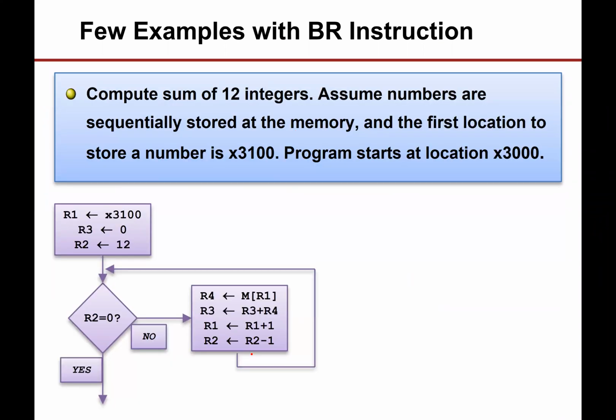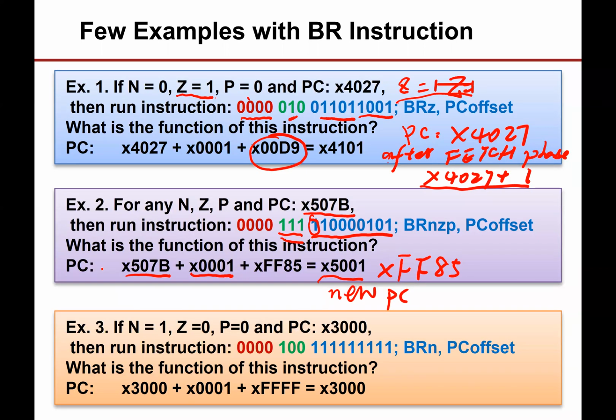For example, here, after you finish all the functions in this box, it will unconditionally go back to this line, right? And also check whether the value stored at R2 is 0 or not. So we can use this unconditional branch instruction to do that.